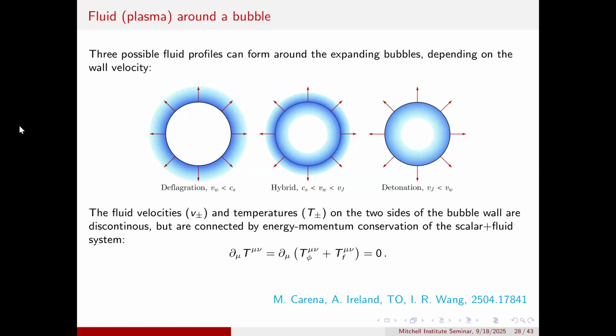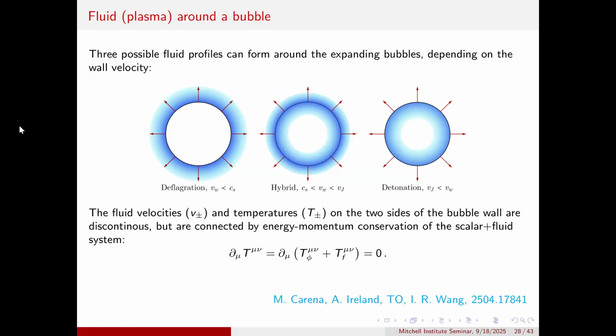We have deflagration, which is for the lowest wall velocity, where the bubble wall is moving slow enough that it can perturb the plasma around it. This blue shade represents the plasma being perturbed by the bubble wall.